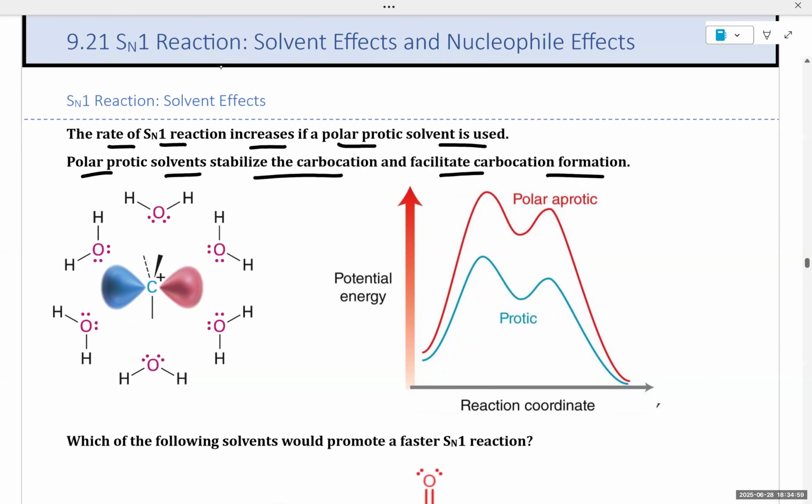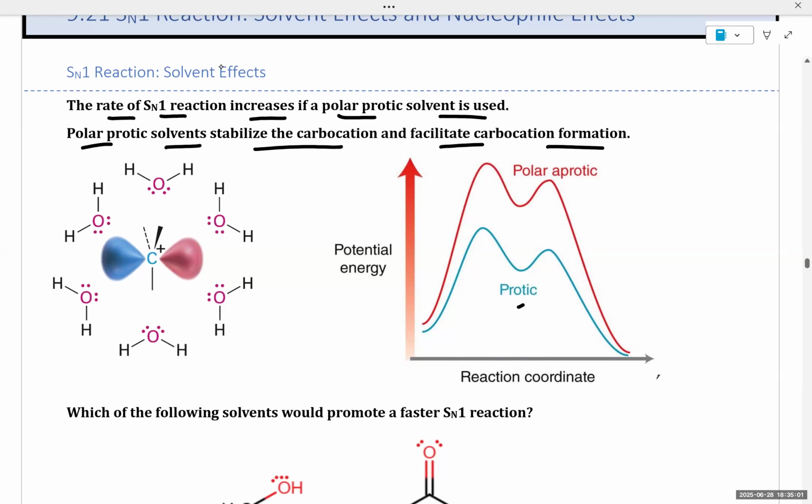So here's what the reaction coordinate looks like. If you use a polar protic solvent, you can stabilize your carbocation. As you can see, we have a more stable carbocation. And as a result, if we look at this activation energy, we have a lower activation energy.